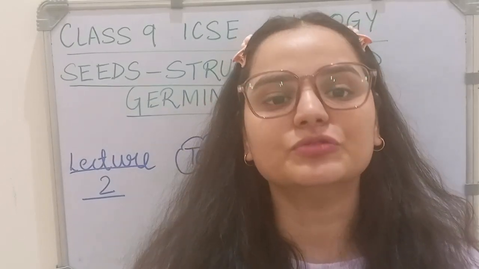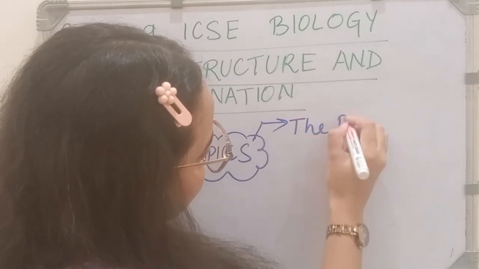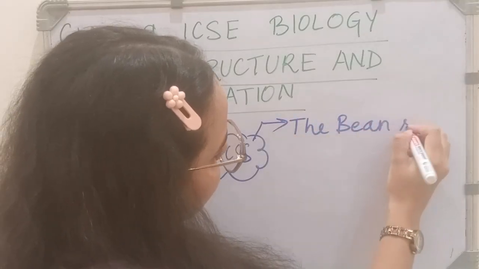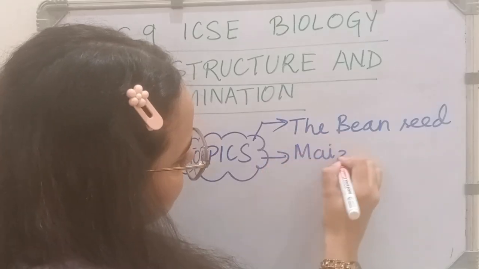This is lecture 2 of chapter Seeds, Structure and Germination. And in this lecture we are going to do bean seed, then maize grain.